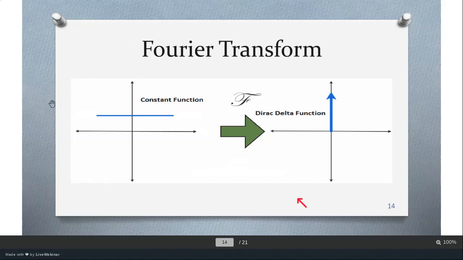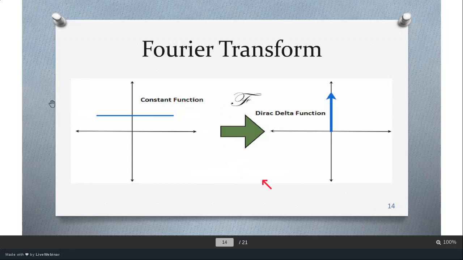The connection is the Fourier transform. If you do the Fourier transform of the constant function, you will get a Dirac delta function. When you study the Fourier transform mathematically, you will study a lot of functions and how to do the Fourier transform on them. If one of the functions is a constant function or the Dirac delta function and you do the Fourier transform, you will get a Dirac delta function, or if you do the reverse, you will get a constant function.